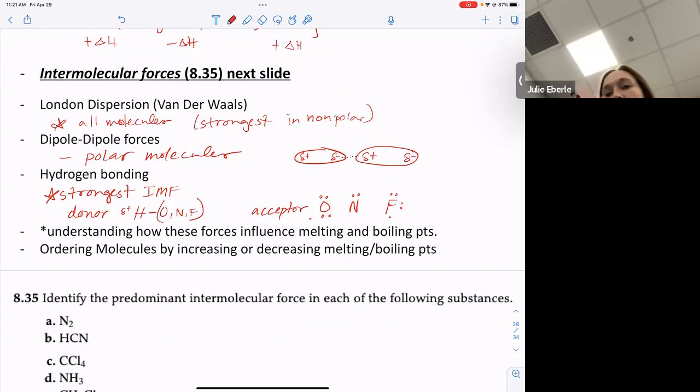The stronger those molecules are held together, because stronger intermolecular forces are present, the higher the melting point or boiling point is going to be. But the weaker the forces holding molecules together, the easier it is to melt or vaporize.